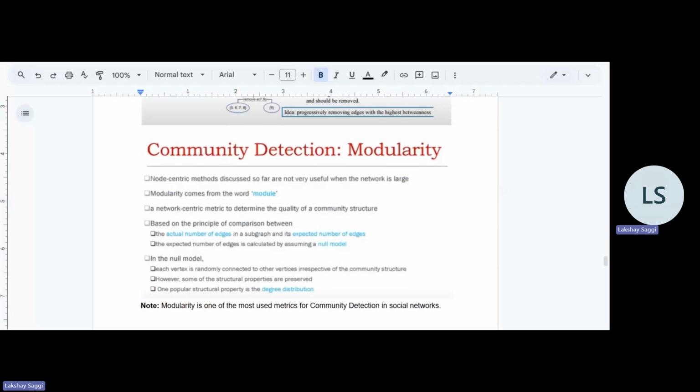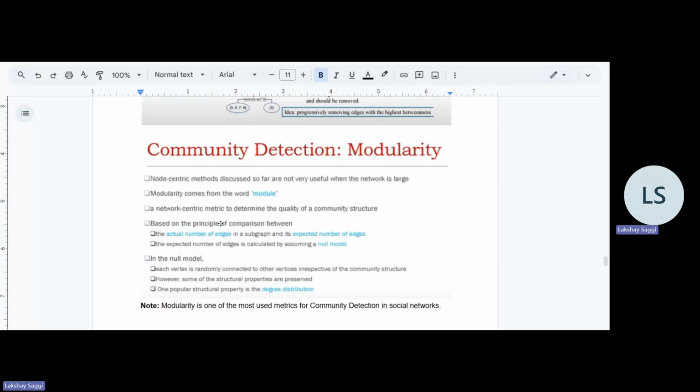So maybe one way to think of detecting communities is detecting how far our actual network graph is from a completely random graph. And this is precisely what modularity captures. It defines a metric which captures how much the actual real-world network deviates from a completely random graph.